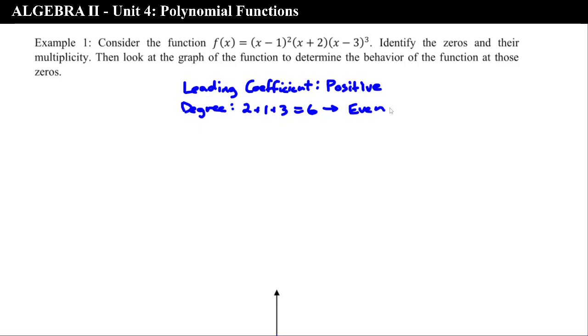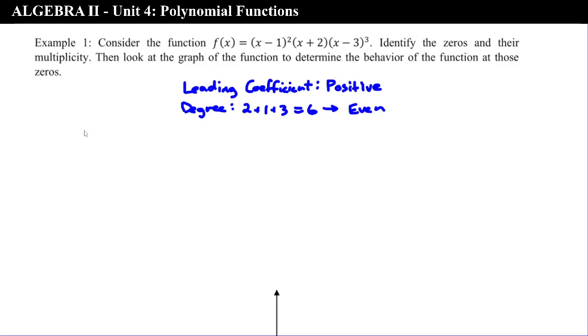Remember last section we did end behavior. So we know because the degree is even that it's going to have 2 arrows going up or 2 arrows pointing down on either end of our graph. And because our leading coefficient is positive, we know that those 2 arrows will be pointing up. So it's important to know how the ends behave so we know how to structure the graph.